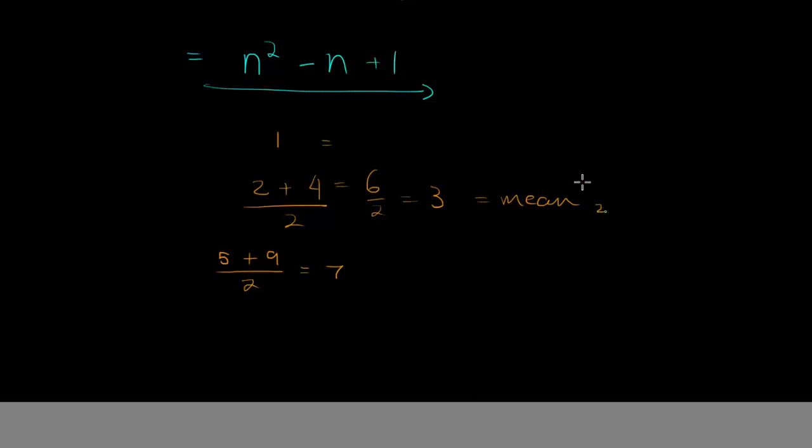Let's call this mean 2. This is mean 3. And then the last one is 10 plus 16 over 2, which is equal to 13, which is equal to mean 4. Sorry, not mean, median. Sorry about that.